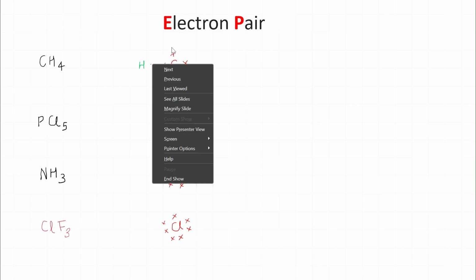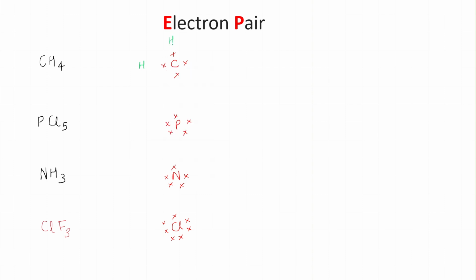Now, these are the atoms which are not central, the peripheral atoms, which I'm showing in another color.